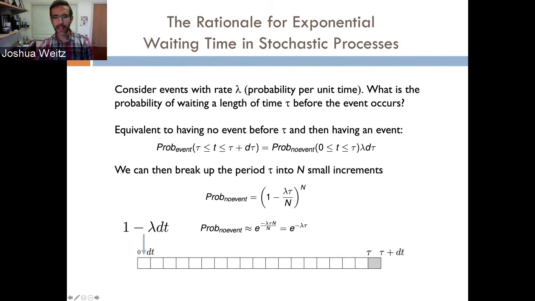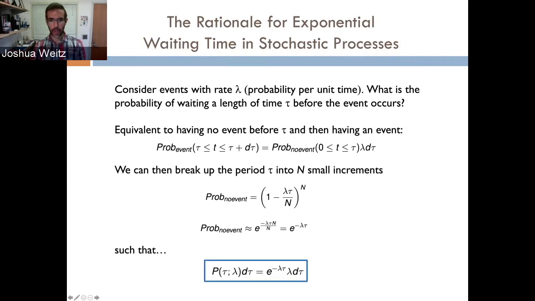As we take the limit of n to infinity, this can be approximated as an exponential, where the n's cancel, and we end up getting an exponential distribution, which means in total that the waiting time should be exponentially distributed with average time 1 over lambda.